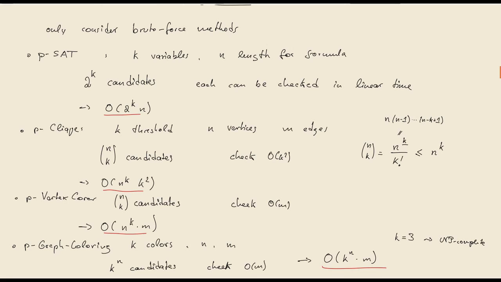So graph colorability, checking whether it's colorable with 3 colors is already NP complete. And if you insert that here, 3 to the n, that's still a very large number.